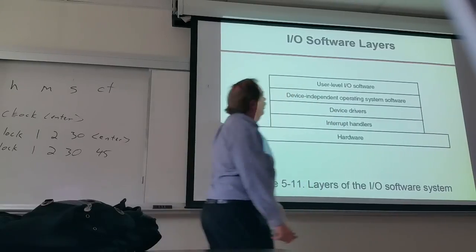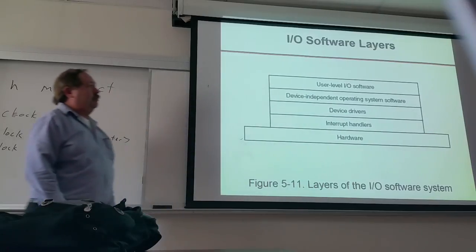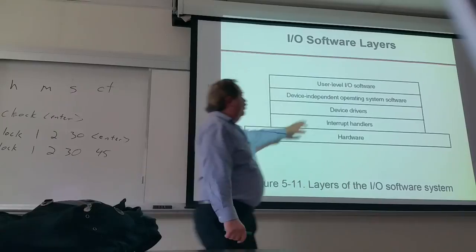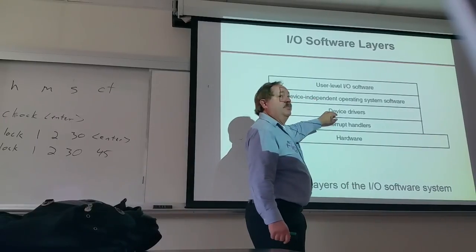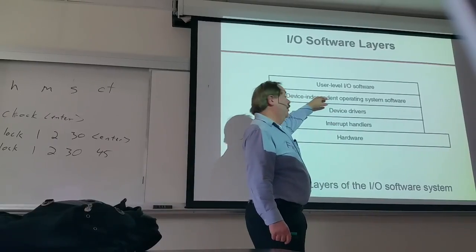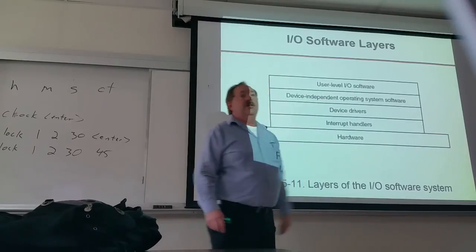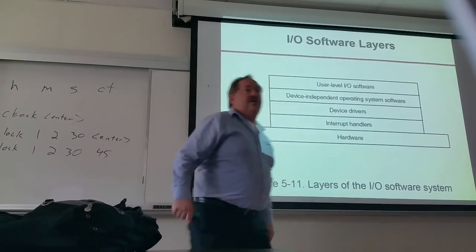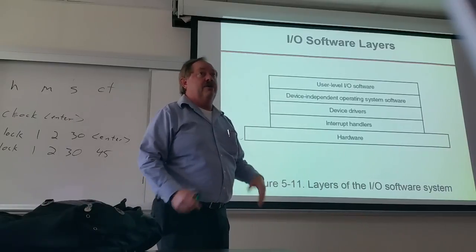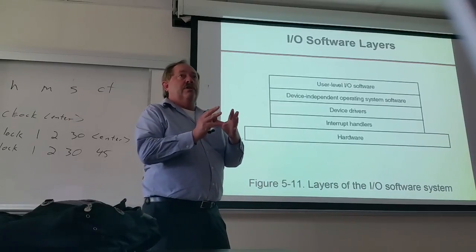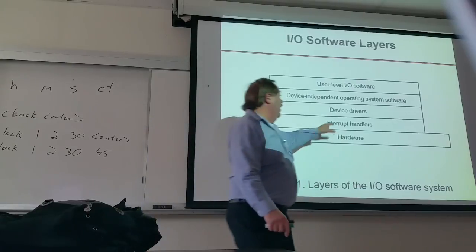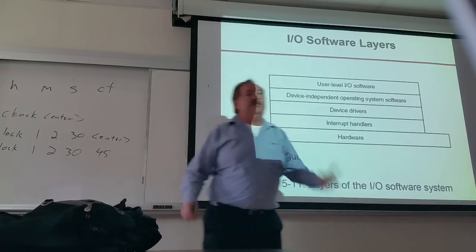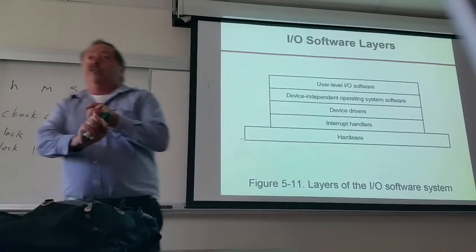Then we have this other class called device independent operating system software. What this is really saying is that device drivers are very specific, but there are some things that we do for these devices that cut across all the different manufacturers, and as a matter of fact might cut across all of the different subcategories of devices under that one category, like hard disk drive. For example, hard disk drives are going to do block transfers.